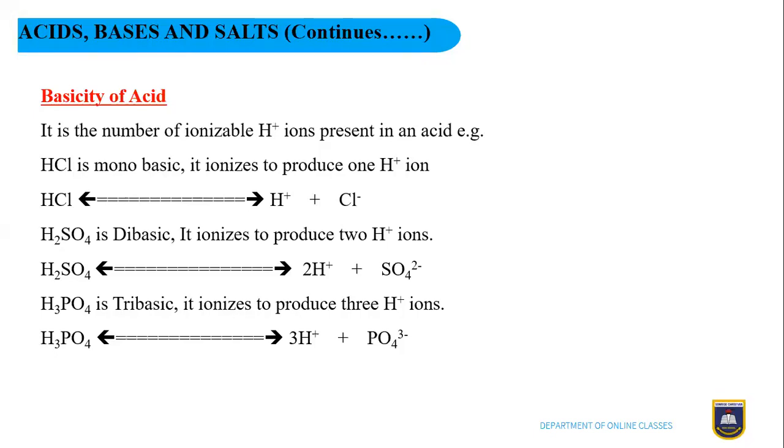The basicity of an acid is defined as the number of ionizable H plus ions present in the acid. If you have one, then we say you are a monobasic acid.